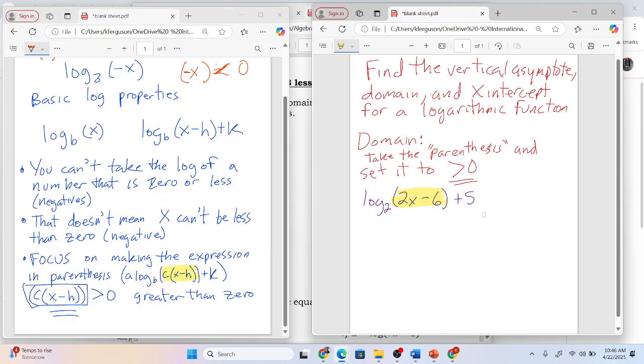Even though I've got this log problem, the base, and this number 5 here, when I'm talking about domain, the only part I care about is the part in the parentheses. So I take 2x minus 6, set it greater than 0, and then I solve this.